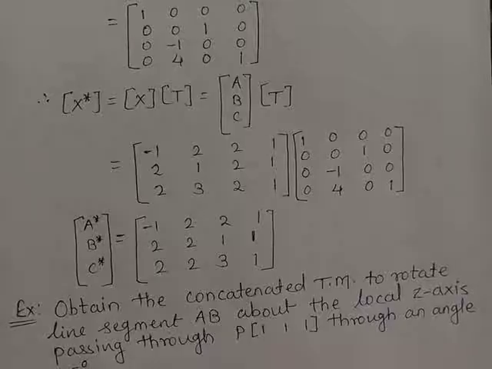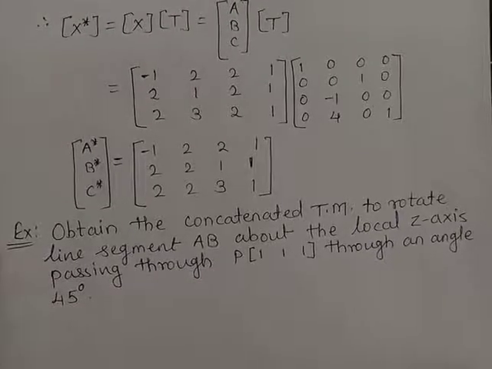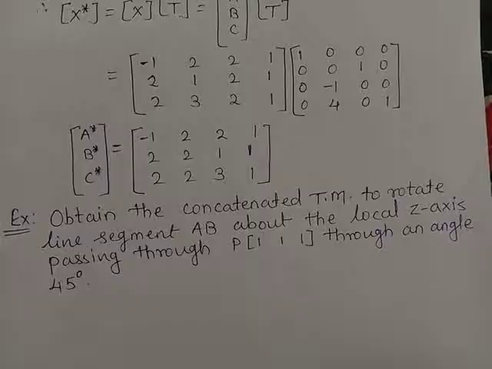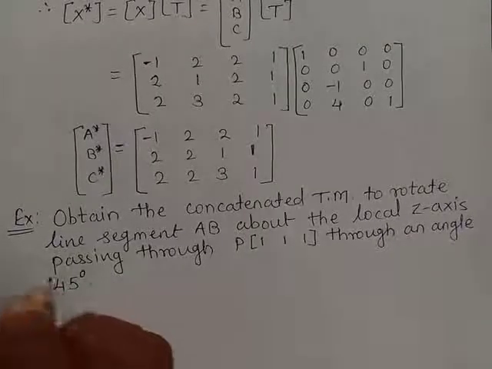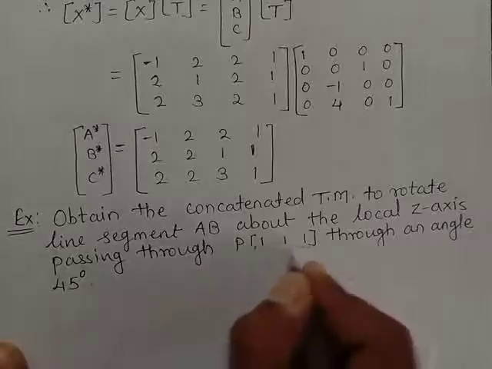So in this question, we don't know what are A and B. Simply we have to find out the concatenated transformation matrix for this rotation, right? The point is given to us.